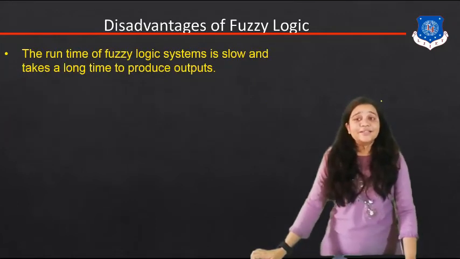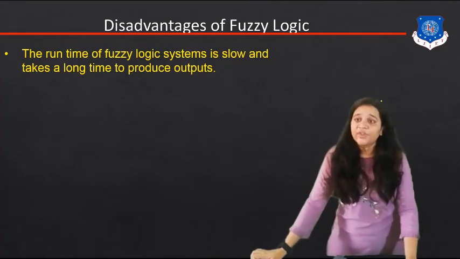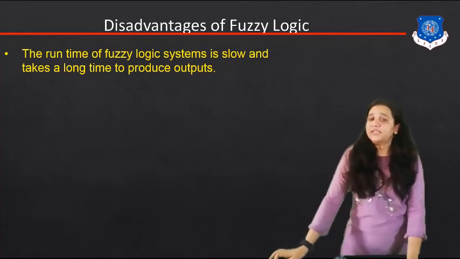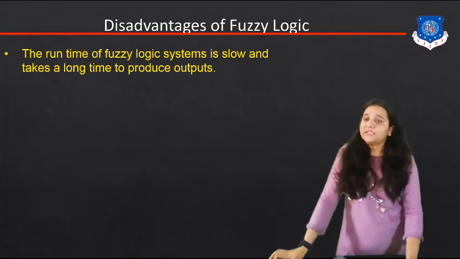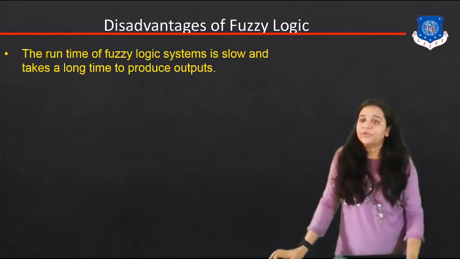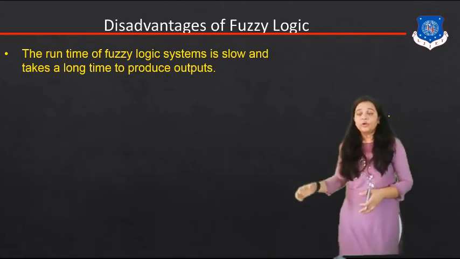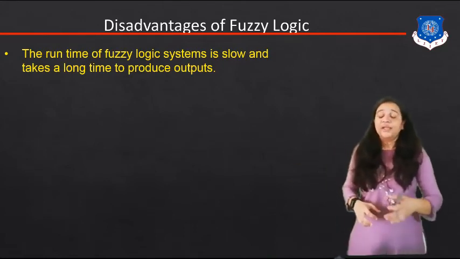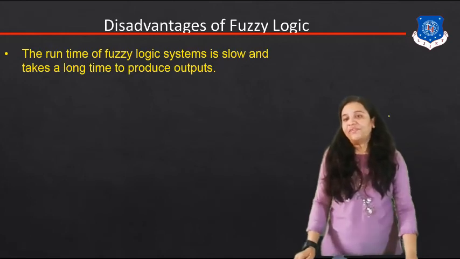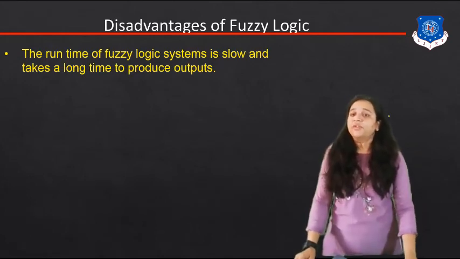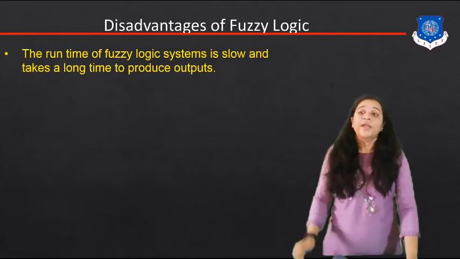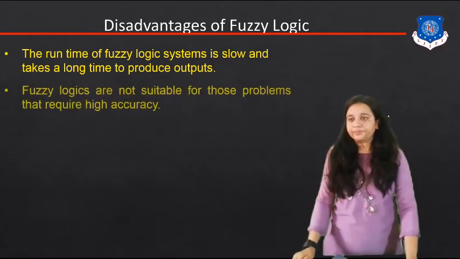Now what are the disadvantages of fuzzy logic? So the run time of the fuzzy logic system is slow and it takes a long time to produce the output, because whatever input is given, it goes through the fuzzification process, then it goes through the defuzzification process. So the run time of the fuzzy logic system is slow compared to other systems.